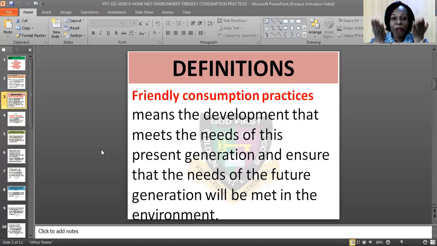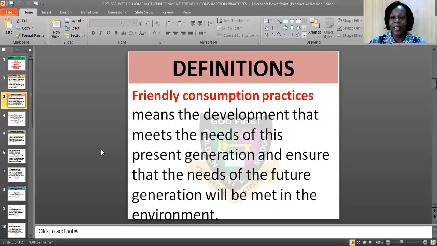What is friendly consumption practices? When someone says that you are consuming friendly, what does it mean? Friendly consumption practices means the development that meets the needs of this present generation, and ensures that the needs of the future generation will be met in the environment.